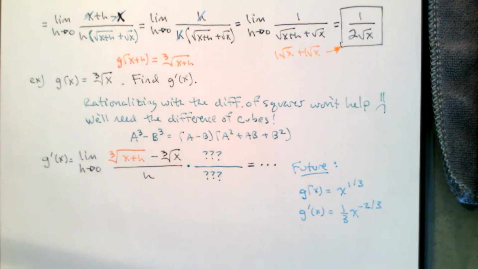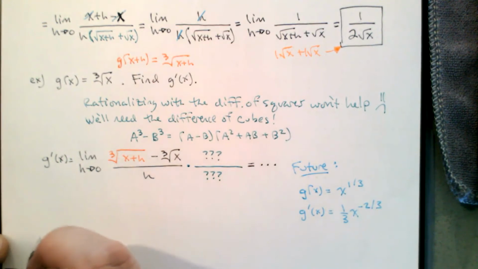The other thing that we would want to do is look at combinations of radical and rational functions. I started off with the most basic radical function I could think of, square root of x. But it could be that we have a radical function that also has some rational elements to it. But the big idea is that we just do algebra until we can cancel out that h.